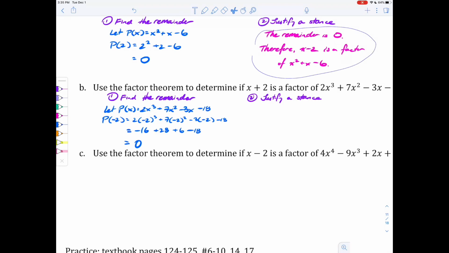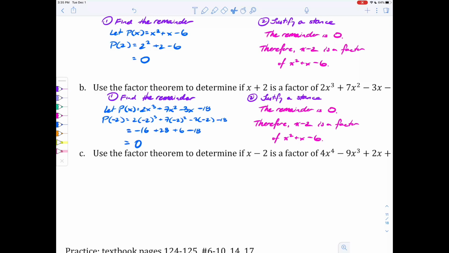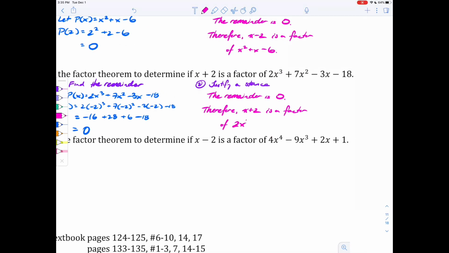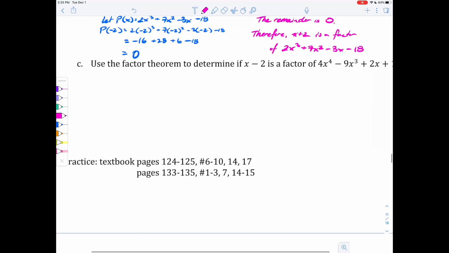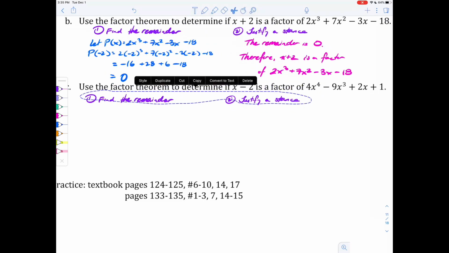Honestly, I could... Don't mind me. I'm just copying and pasting. And last one. You're right. I could just do that again.